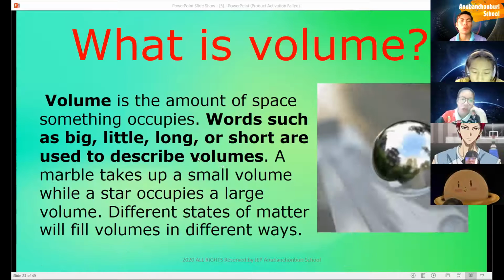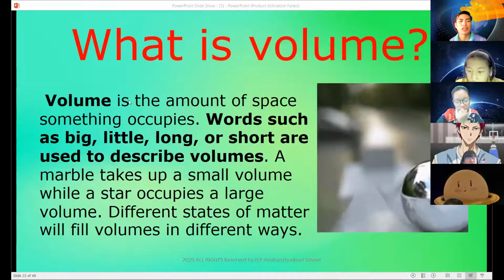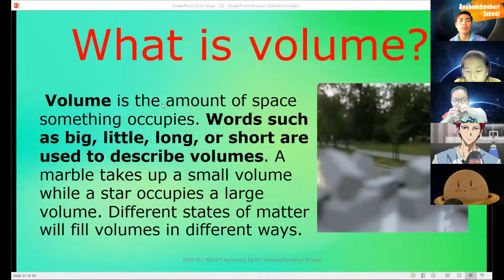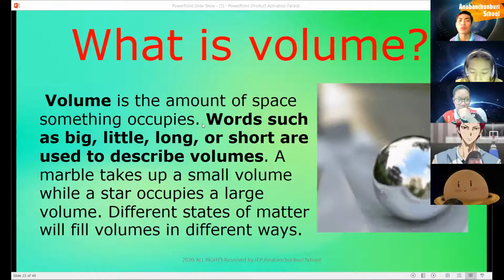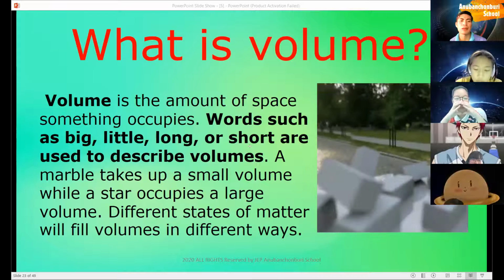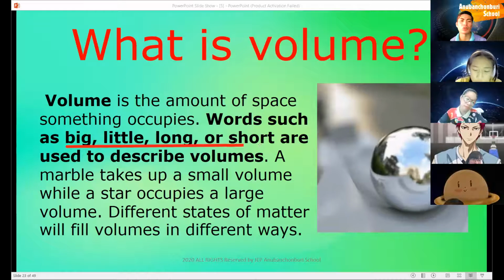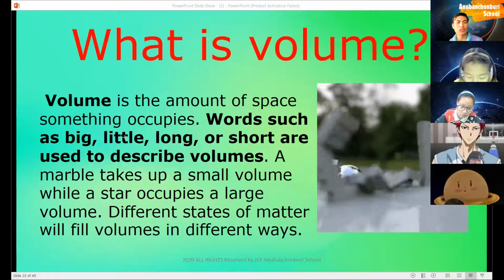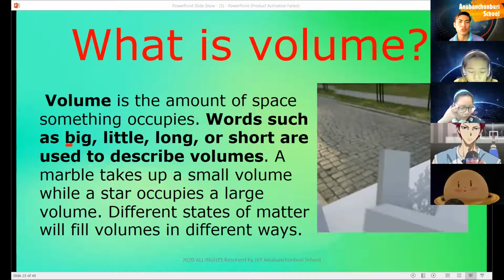All right, so volume, the next word, because we focus on the mass and the volume, right? So the volume here is the amount of space something occupies. And there are very simple words that we use to describe volume. What are those words? Big, little, long, short.